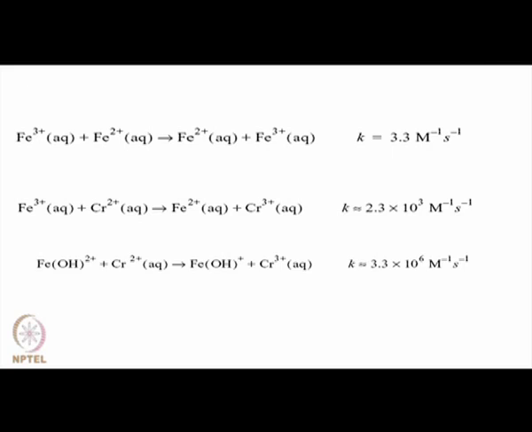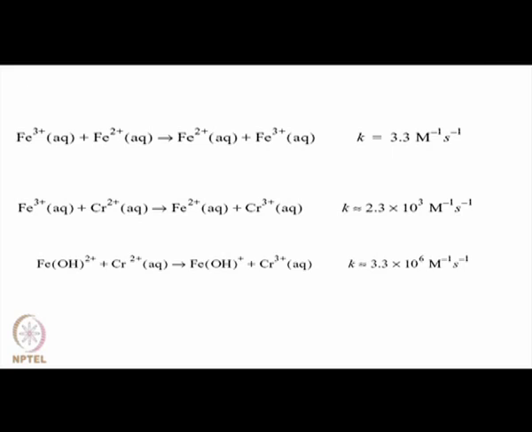Ferric plus chromium 2 plus, okay, chromous, then ferrous plus chromic. Its rate of electron transfer is about 2.3 into 10 to the power 3 mole inverse second inverse. For ferrous ferric it is 3.3 mole inverse second inverse.